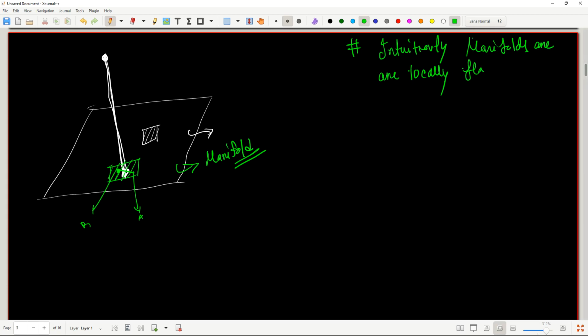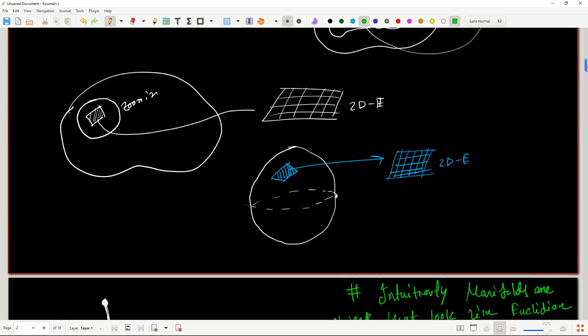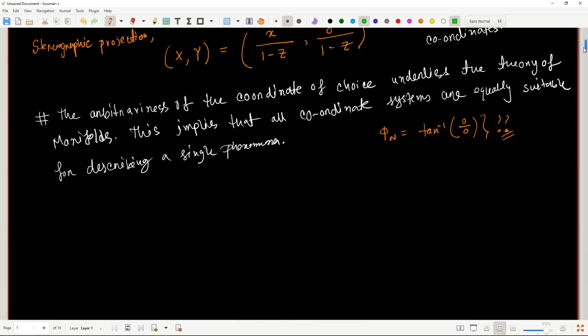Also, to say manifolds are objects that look like Euclidean space. And it doesn't have to be two-dimensional, not necessarily. It can be m-dimensional, where m is some integer number. And all of this will be more clear when we talk about the formal definition of manifolds.